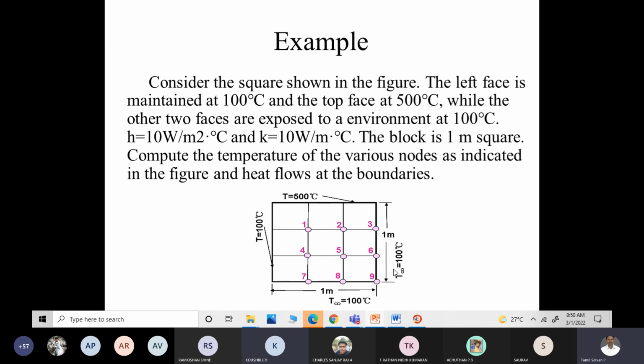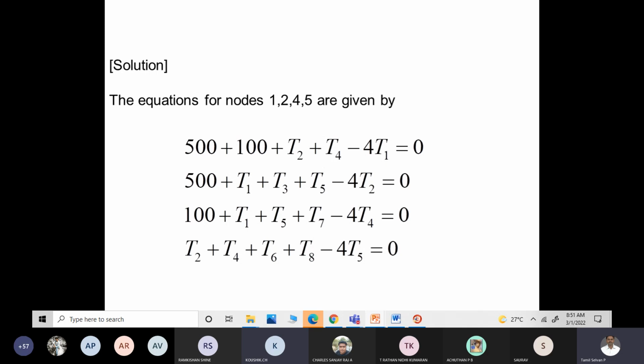The bottom and the right hand side surfaces have convection boundary, whereas the top and the left hand side are at fixed temperatures. If you are given a problem like this with a given thermal conductivity, you may not be able to get the solution by hand, but you can write the equations, right?